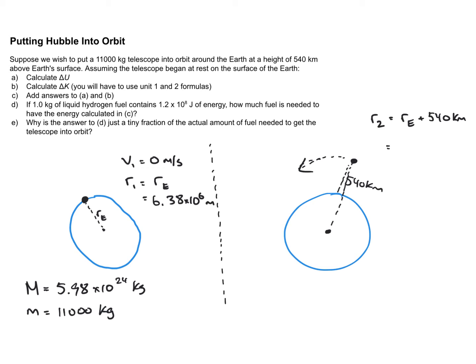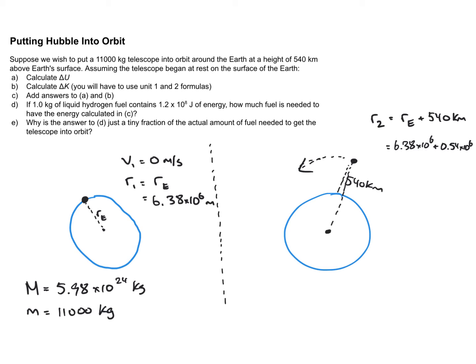Okay, so the radius of the Earth was 6.38 times 10 to the 6. And 540 kilometers, when you convert that to meters, that ends up being 540,000 meters, which is equivalent to 0.54 times 10 to the 6.